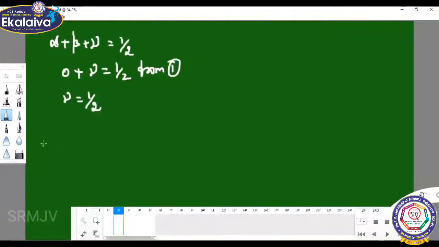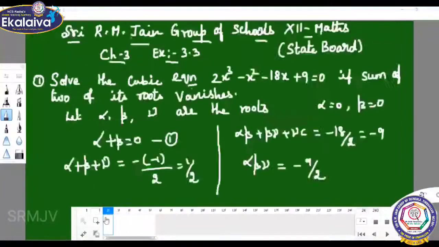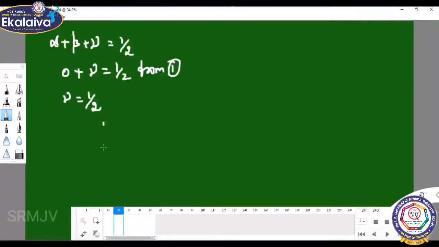Now we are going to find out the other roots, the other factor, by the synthetic division method. You know very well, you studied in the 10th standard itself. By synthetic division method, take the coefficients of x cube, x square, x and the constant term. What are they? 2, minus 1, minus 18 and 9.